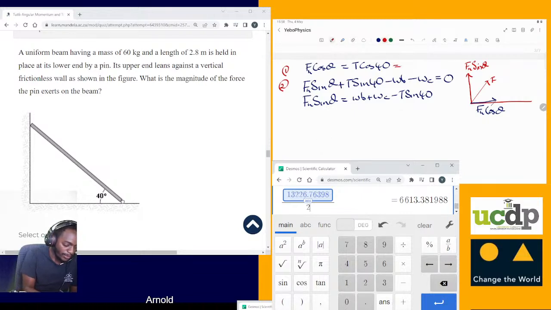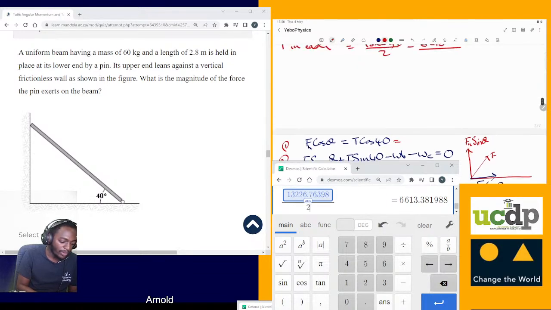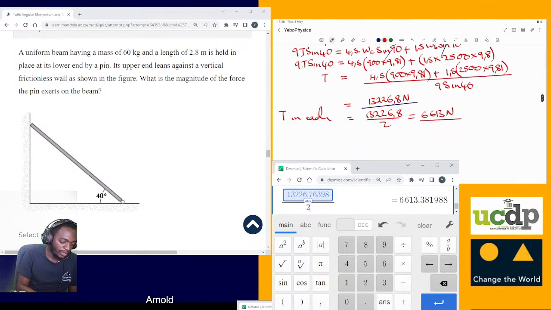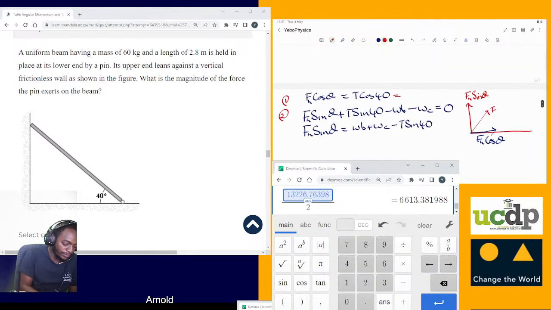So this was going to be equal to T cos 40. T cos 40, what was the tension? It's 13,226. So this becomes 13,226 times cos of 40. It will be equal to Fh cos theta. All right.